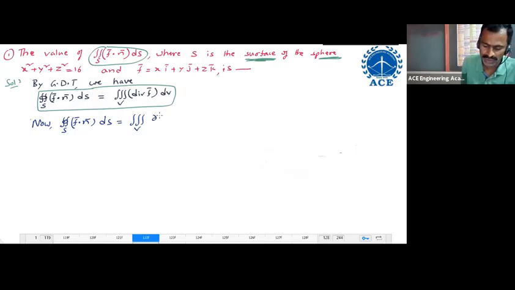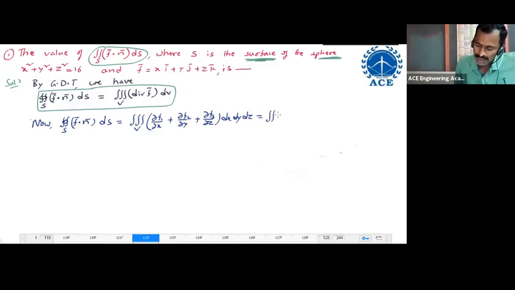The divergence formula is dou f1 by dou x plus dou f2 by dou y plus dou f3 by dou z, dx dy dz.